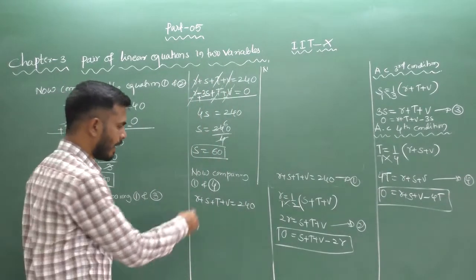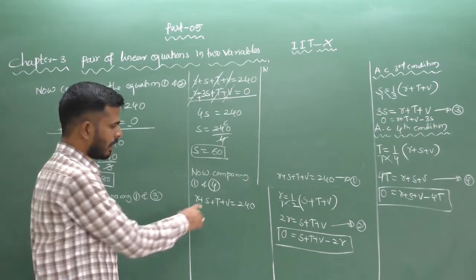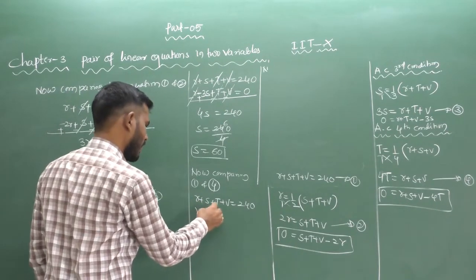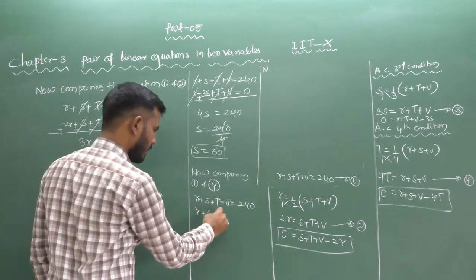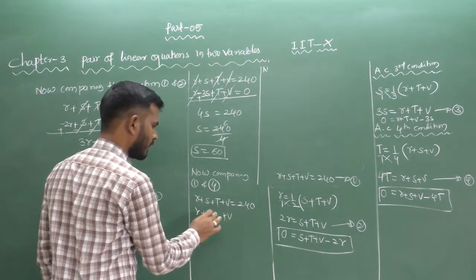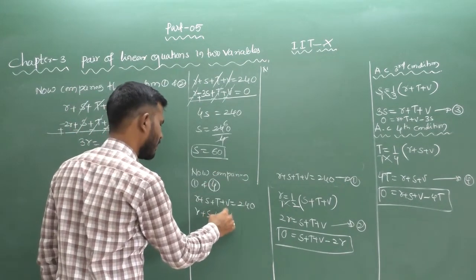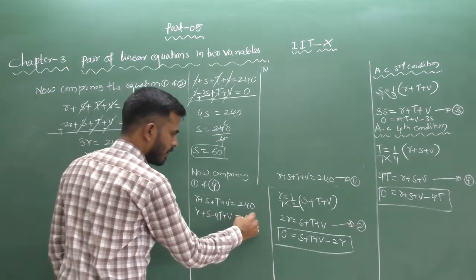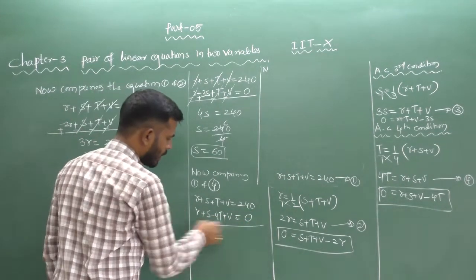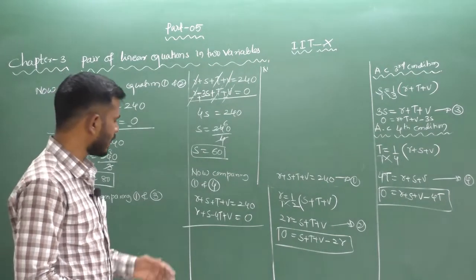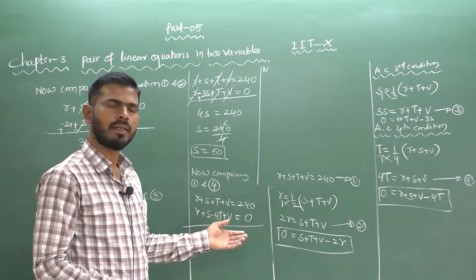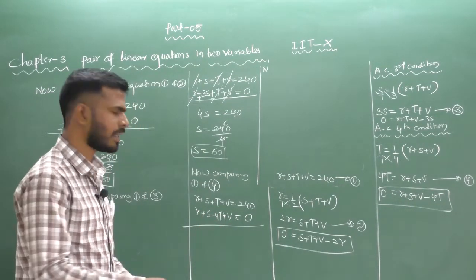Now write r below r only, then plus s, plus v, and for t, that is minus 4t. Here nothing is 0. Next, eliminate the terms r, s and v. The remaining term is t, so we will get the t value.